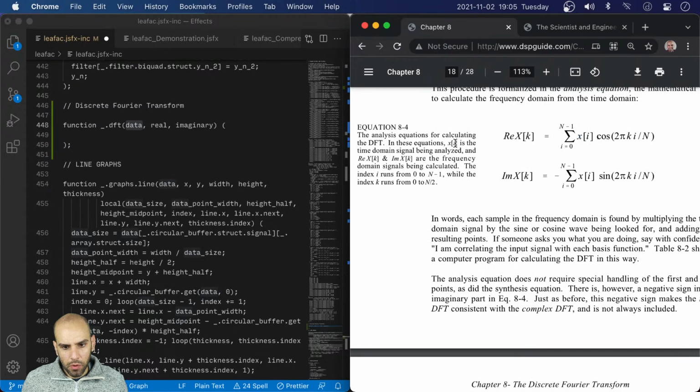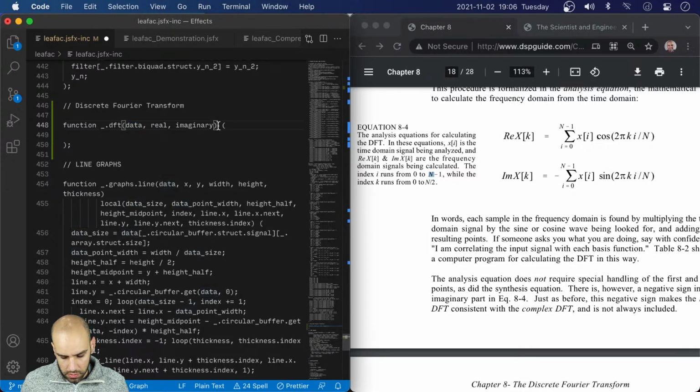We will have a variable called I, and I is going to range from 0 to the number of samples minus 1. So let's try to first get a hold of this capital N. Capital N represents the number of samples in the data. So my data is a circular buffer.